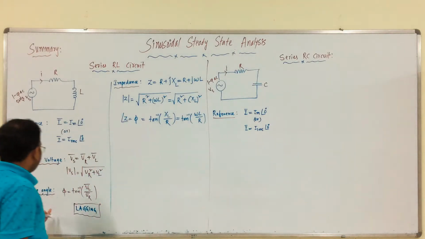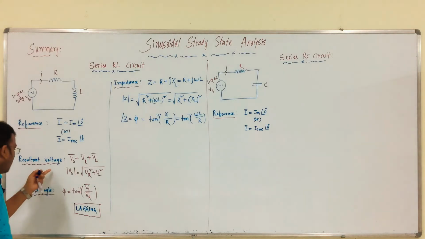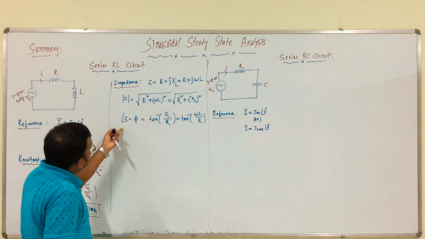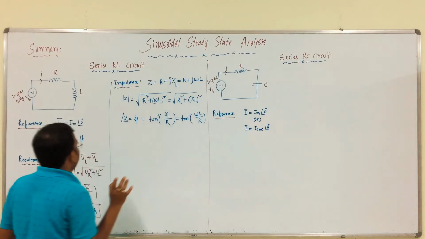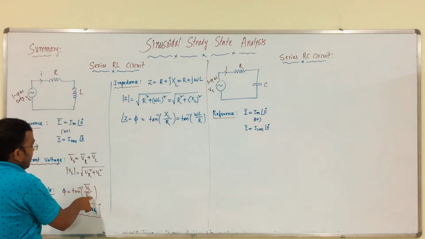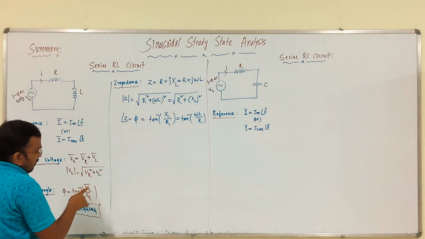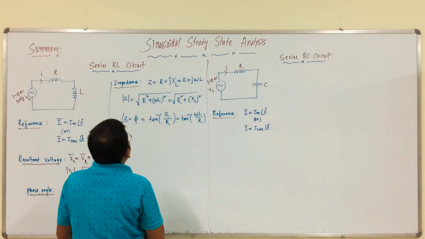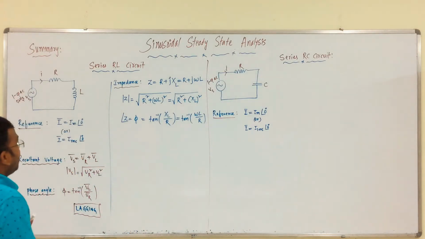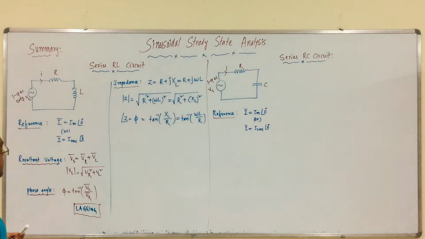With respect to the resultant voltage, from this we have the phase angle, and from the impedance method also we have this phase angle. Always these two are equal. See, tan inverse VL by VR is nothing but I XL by I R. I gets common, we get XL by R, right? Then impedance is completed.